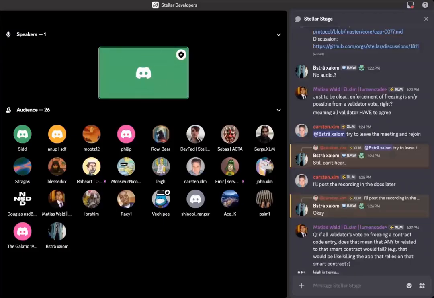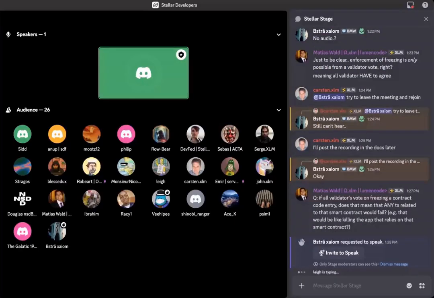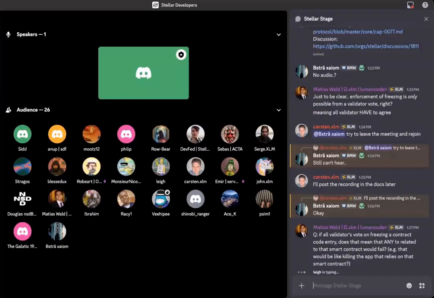Okay, let me read the question from chat. Yes. So now, in terms of the actual ways the CAP works, it covers three kinds of entries. Oh, I guess, on a high level, just two kinds: Soroban entries and non-Soroban entries.